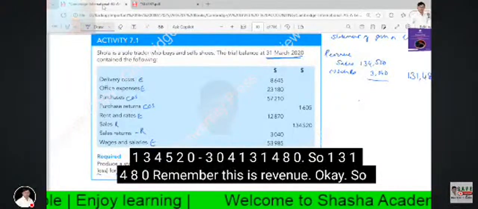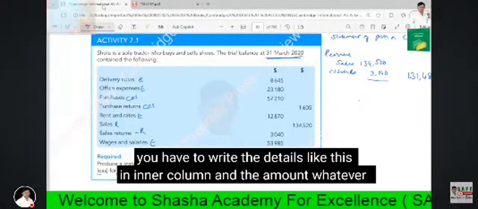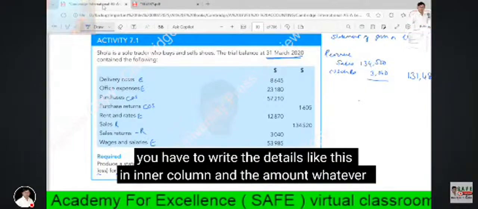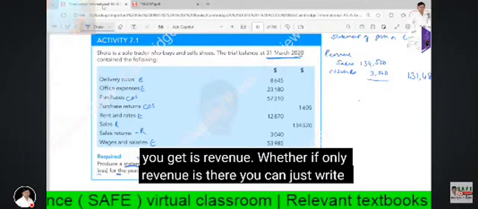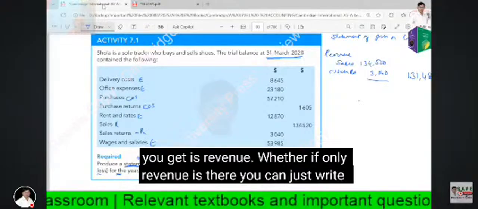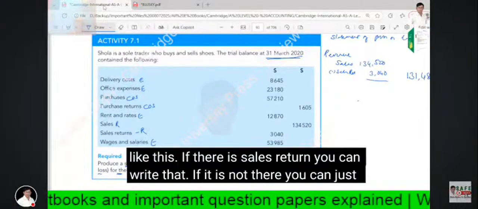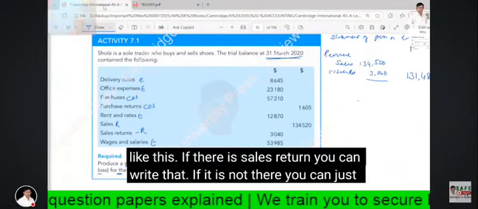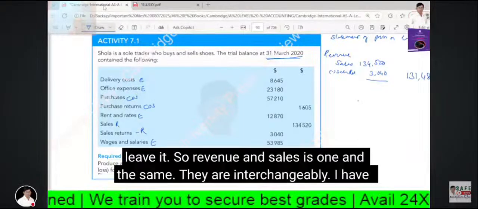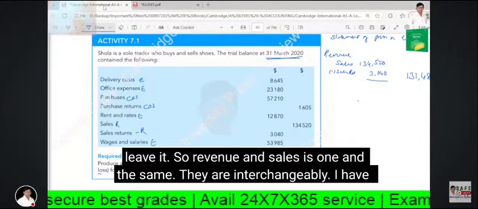Remember this is revenue. You write the details like this in a column, and the amount you get is revenue. If there is a sales return, you can write that. If it is not there, you can just leave it. Revenue and sales are one and the same, interchangeable.